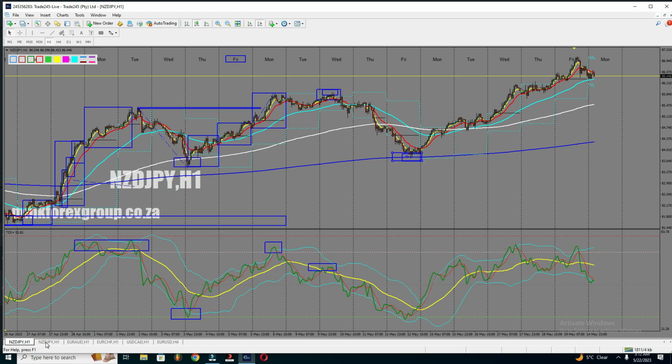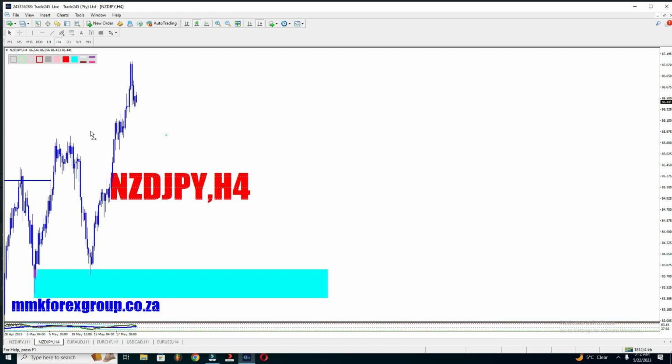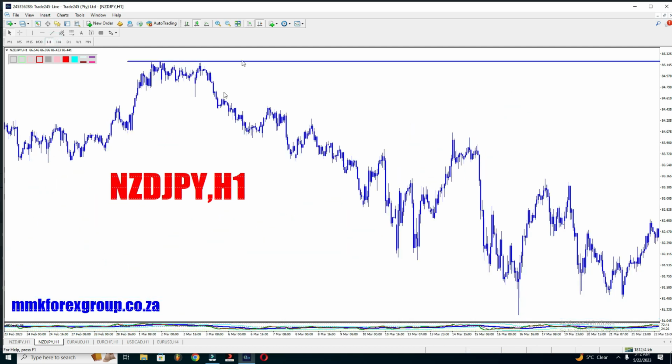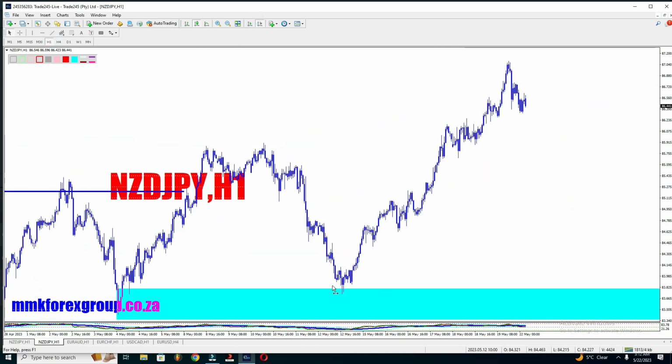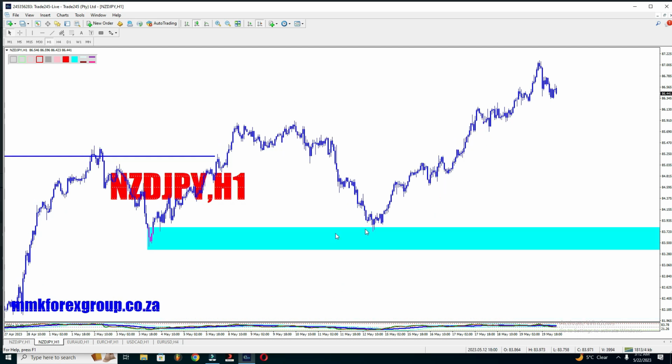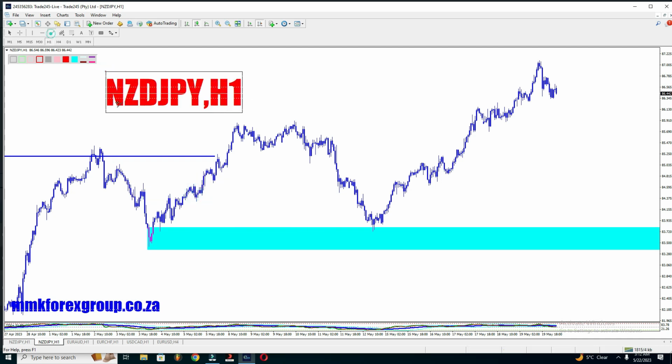Remember, if we look at this from a clean chart, from H4 or even H1, when this reset occurred, confluence was price coming back to the demand. We also identified a build up of liquidity.